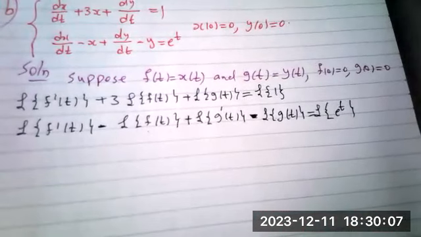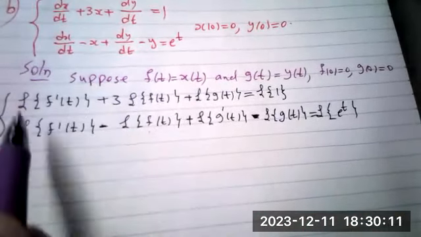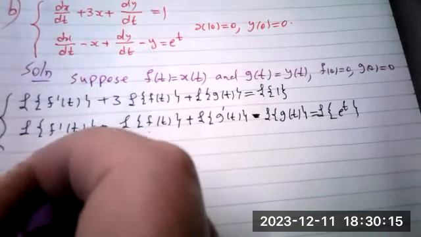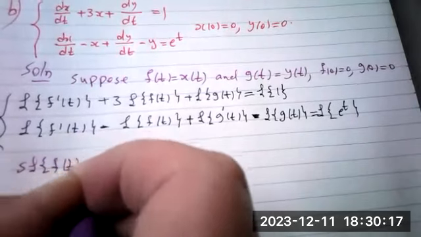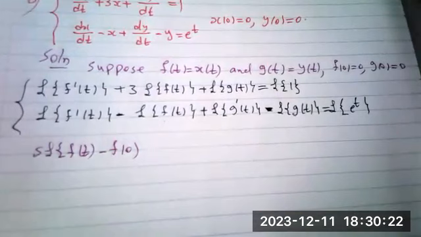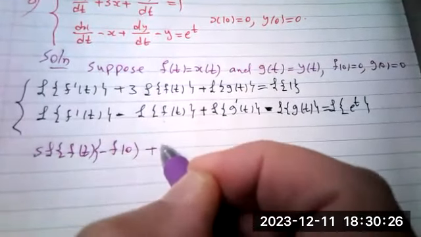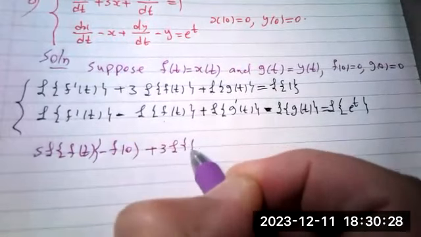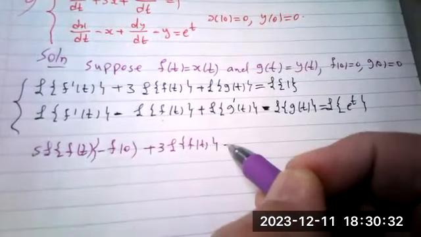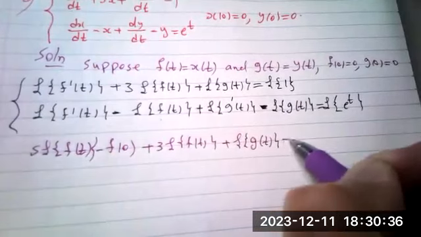So put them together, change the primes. That will give us s Laplace of f of t minus f of 0 for the prime. Then we have plus 3 Laplace of f of t. And over there is a Laplace of g of t. Shouldn't that be g prime?